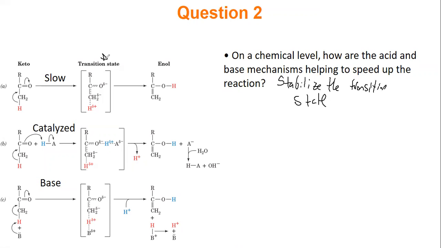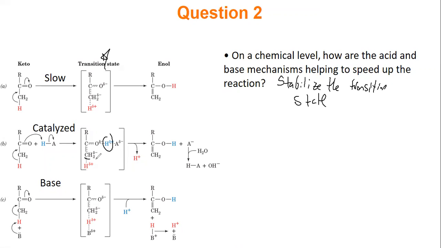So here's our transition state in our example ketol-enol mechanism, where we have a carbon, a CH2 molecule that's partially negative, which is really unfavorable to have. And so what the acid is doing is that it's removing that hydrogen, which will allow this CH2 to become negative a little more favorably.